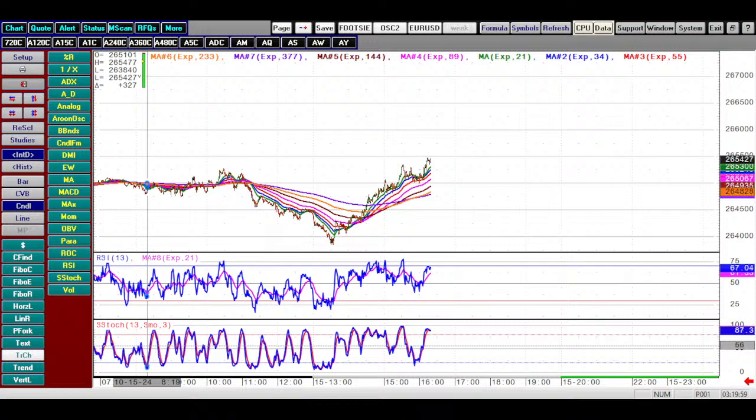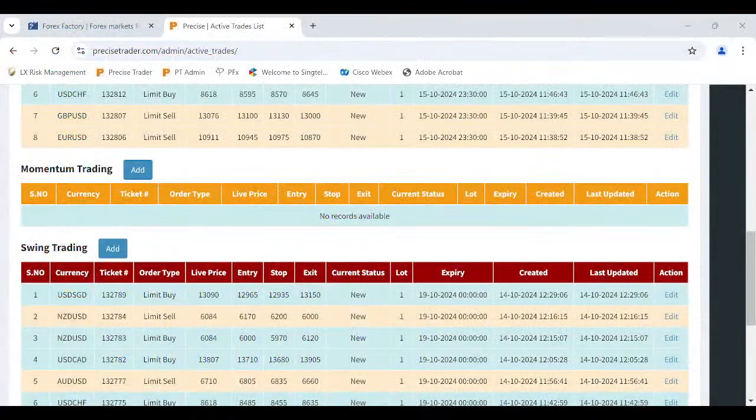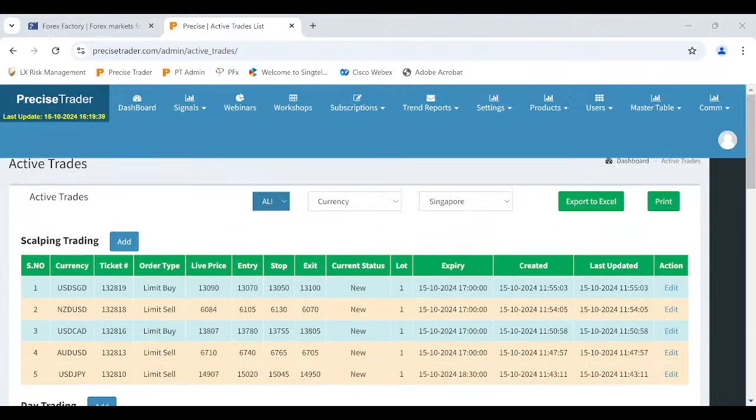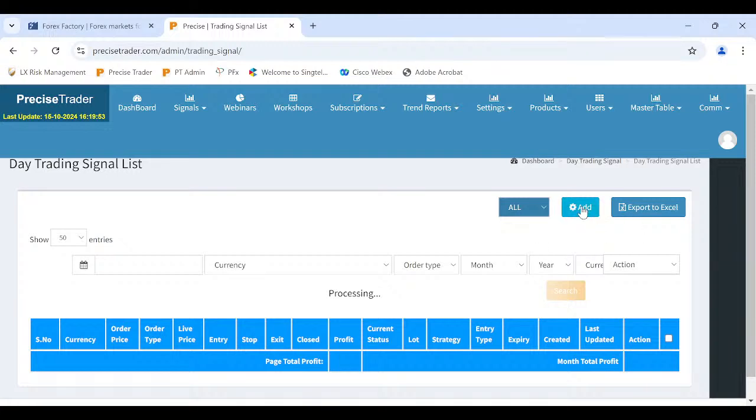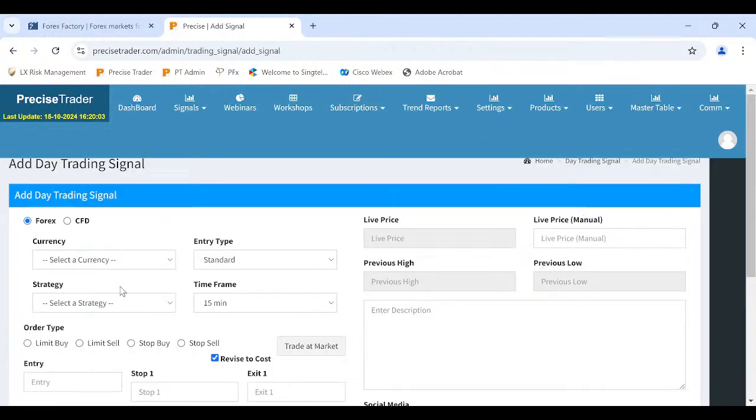So with that, I think I can give a signal. This is going to be a day trading signal. We are going to sell 2661 and stop 2665.5.